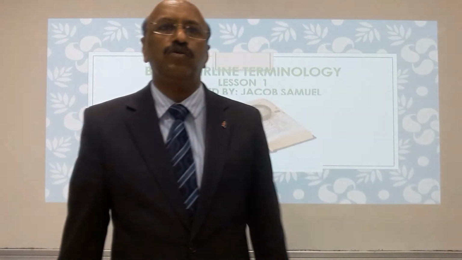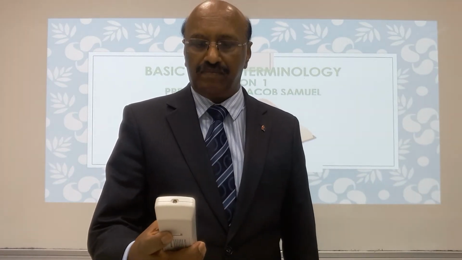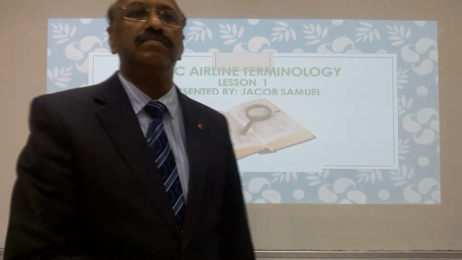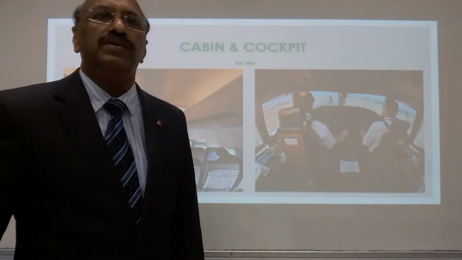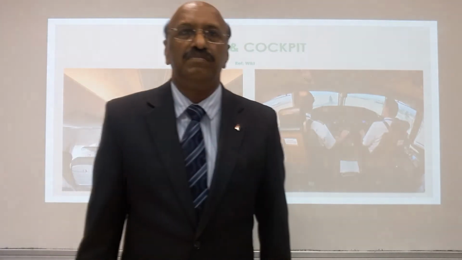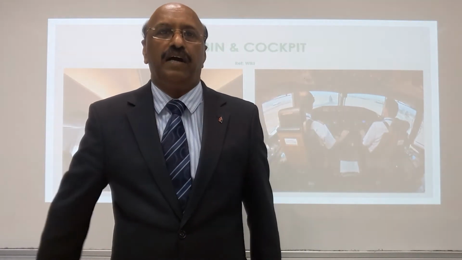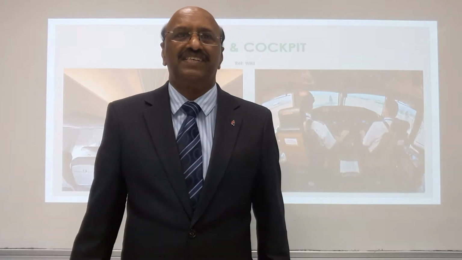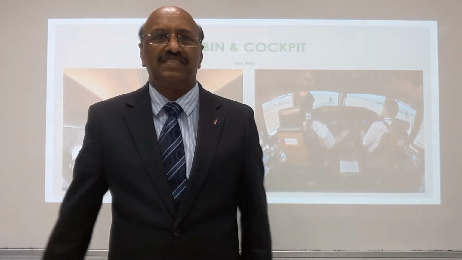I wish to walk you through some of the commonly used airline terminology that we encounter each day. The two C's of an aircraft. When you talk about the entire aircraft, it's divided into two parts called the two C's.